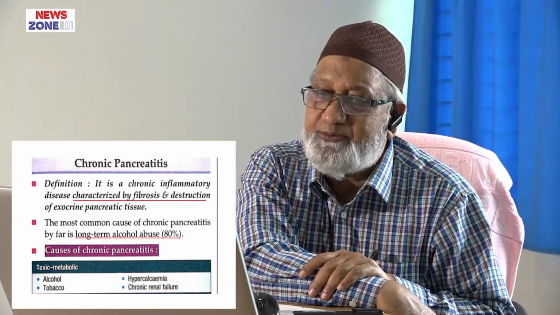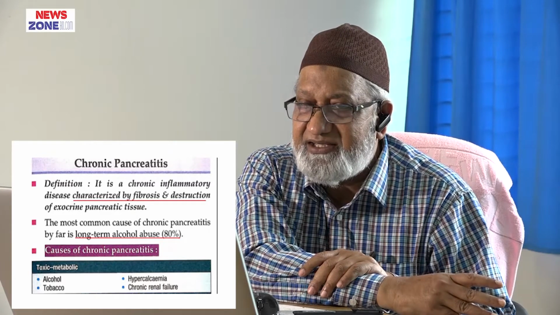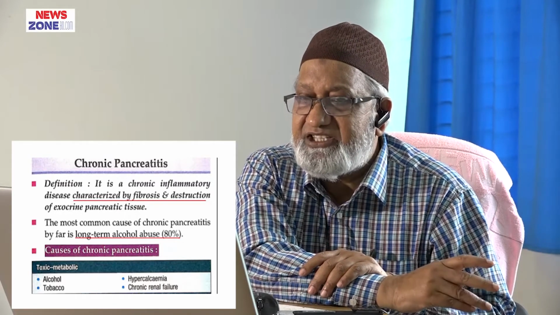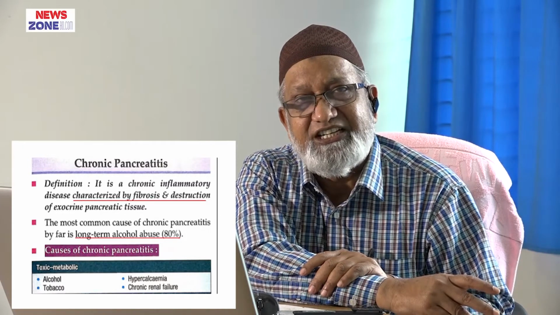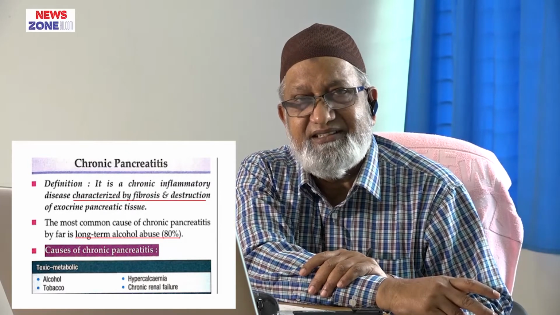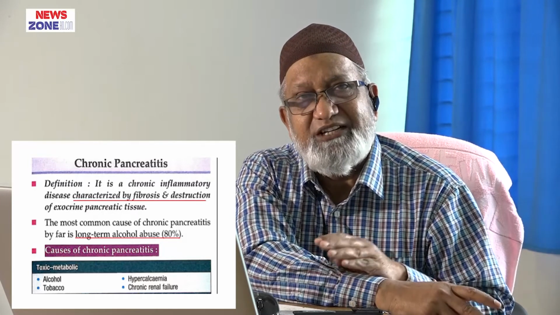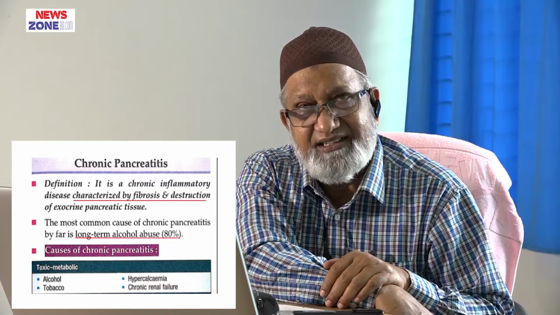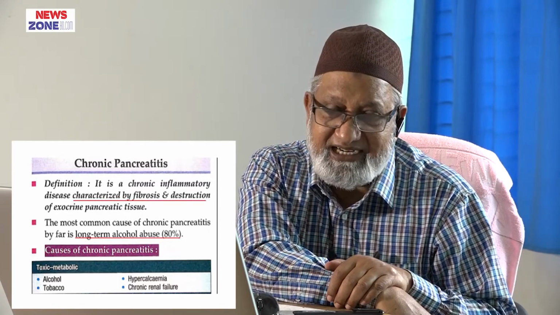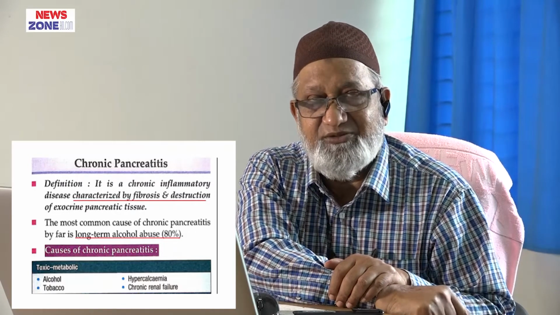You must know chronic inflammation is characterized by infiltration of chronic inflammatory cells. What are these chronic inflammatory cells? The lymphocytes, macrophages, eosinophils. So, infiltration of chronic inflammatory cells is one criterion. The second criterion is destruction, the third criterion is followed by repair.